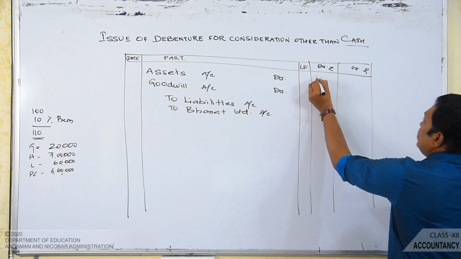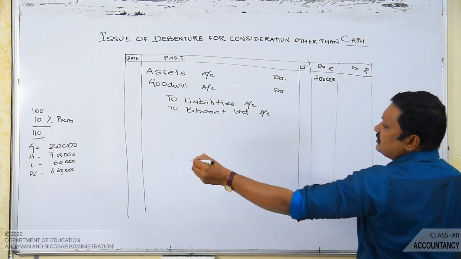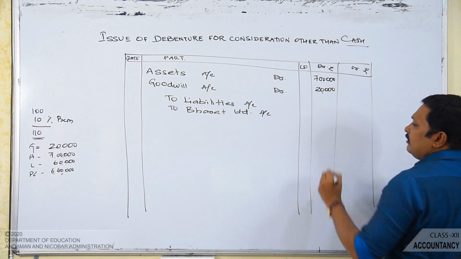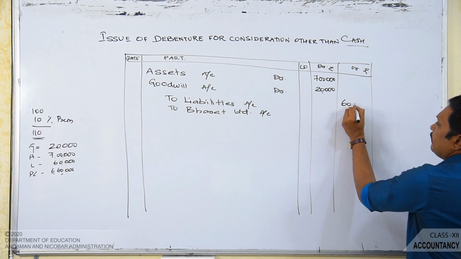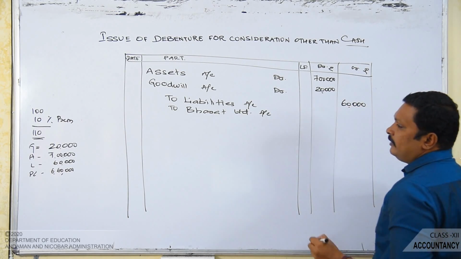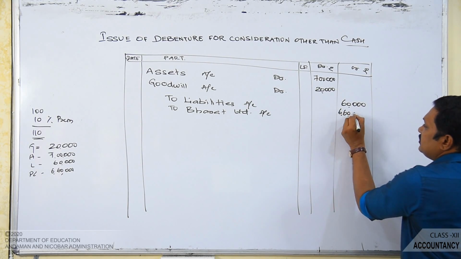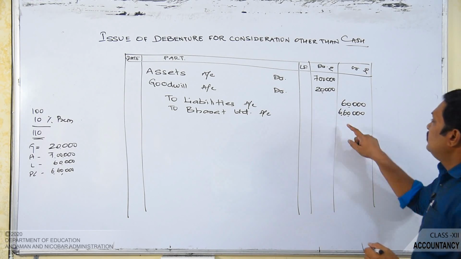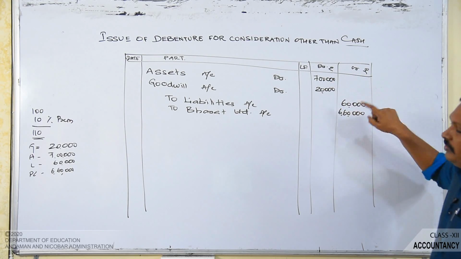The asset is 7 lakh, and goodwill we just calculated, that is 20,000. Liabilities is 60,000 and the PC is 6,60,000, which will be given to Bharat Limited. Just check it: 7 lakh 20 and 7 lakh 20 tallies.